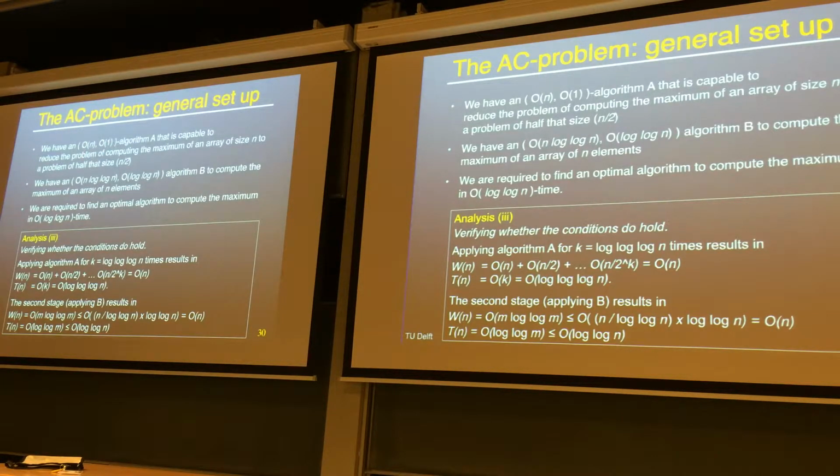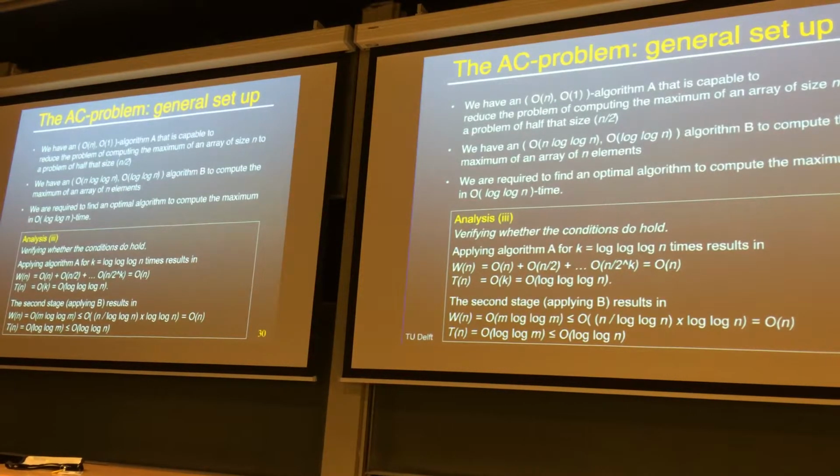This, in fact, is correct, but you should look at it from a different angle. This, in fact, is derived from the specification of the balanced tree method. But look at what it is saying here. We have an O1 algorithm A that's capable to reduce the problem. So not finding the maximum, but the way in which this balanced tree method works is going up level by level. In total, there were log n levels.